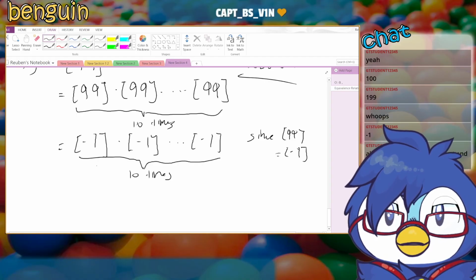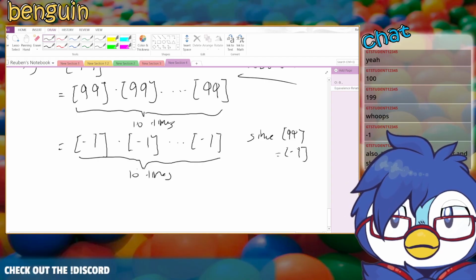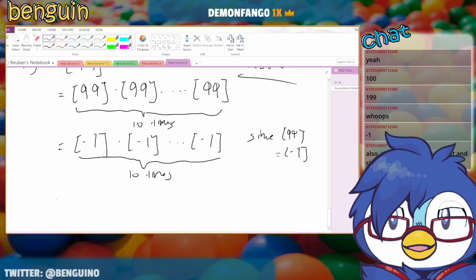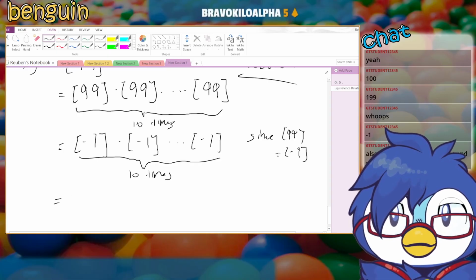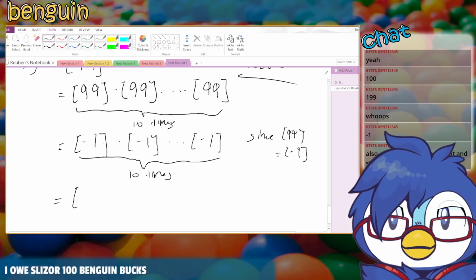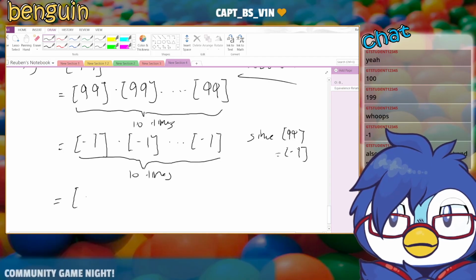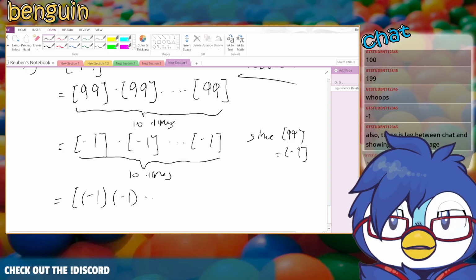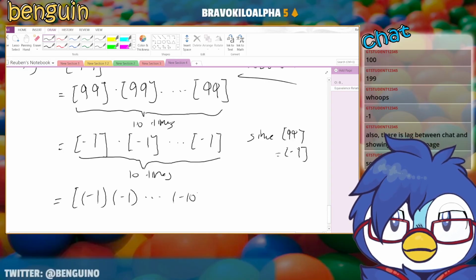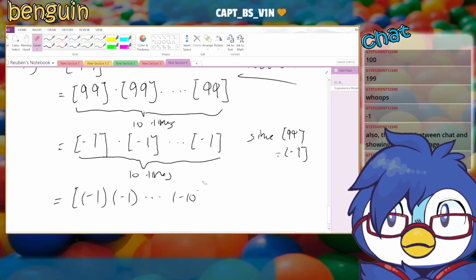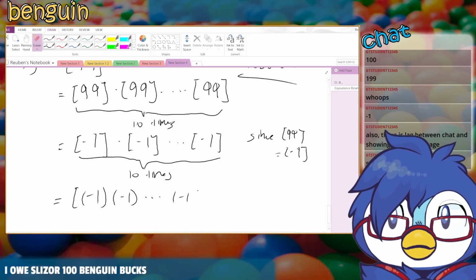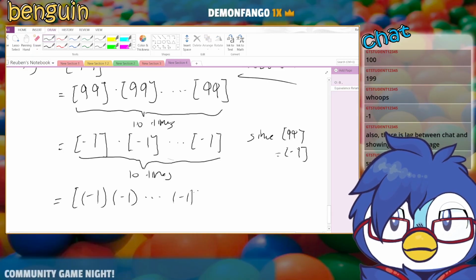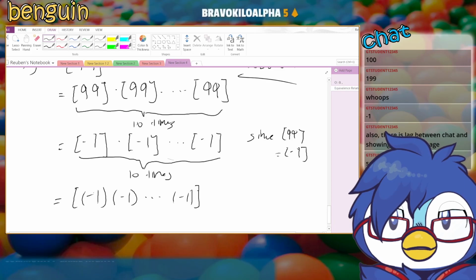But look, now we've reduced this problem to one that's a lot more manageable. Remember with the definition of equivalence class, I can just multiply the representatives. I have -1 times -1 times -1, 10 times.